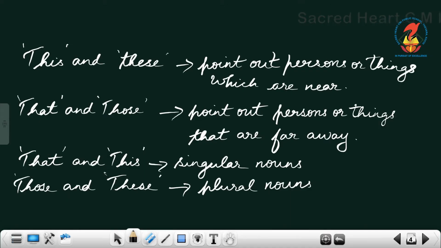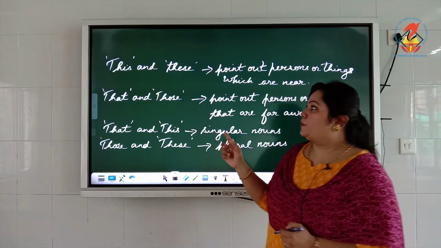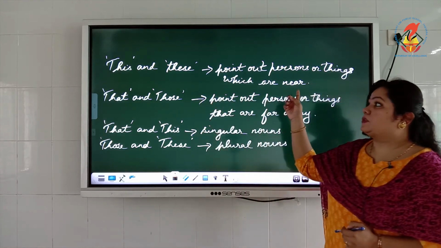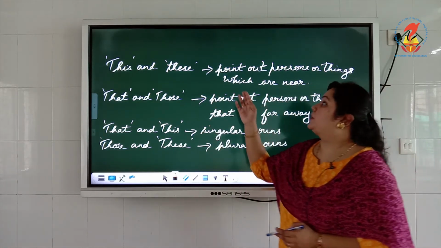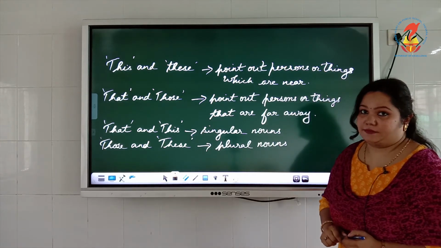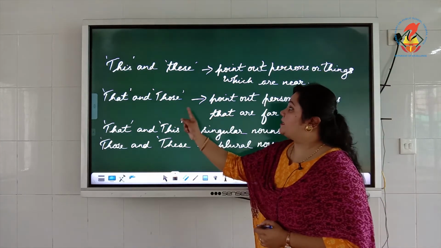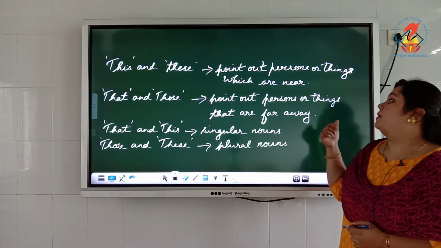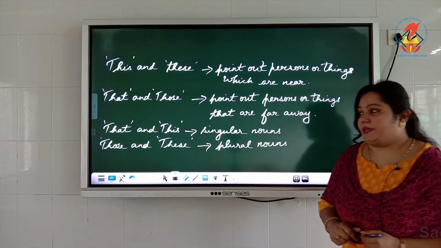This and that are used for singular nouns, and these and those are used for plural nouns, more than one. Okay, so I hope you understood this. This and these are demonstrative adjectives used to point out persons or things which are near. And that and those are demonstrative adjectives used to point out persons or things that are far away.